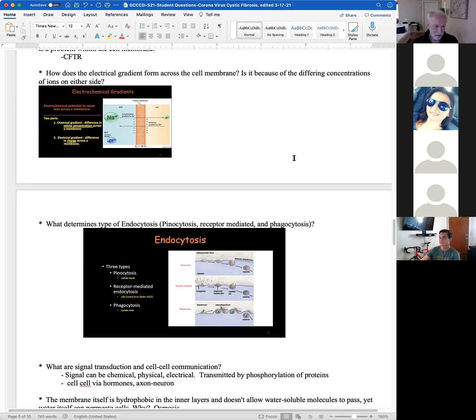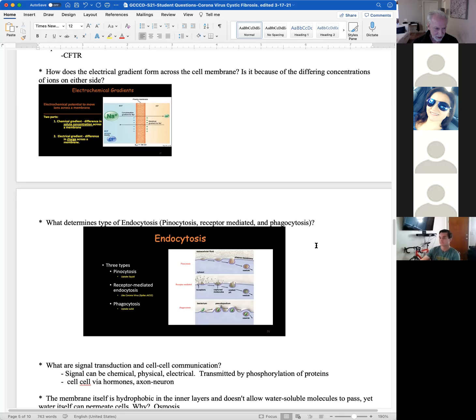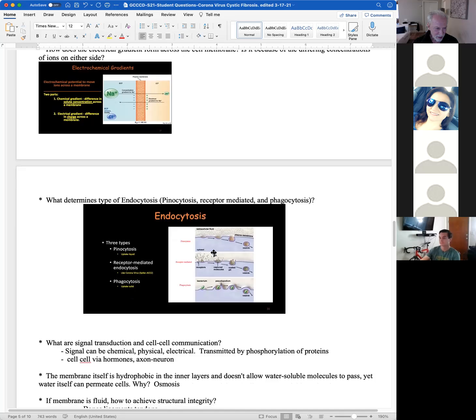Okay, there were several questions about different types of endocytosis, pinocytosis, receptor-mediated, and phagocytosis, and what determines which one it is. Receptor-mediated endocytosis, just like it says, requires a receptor.